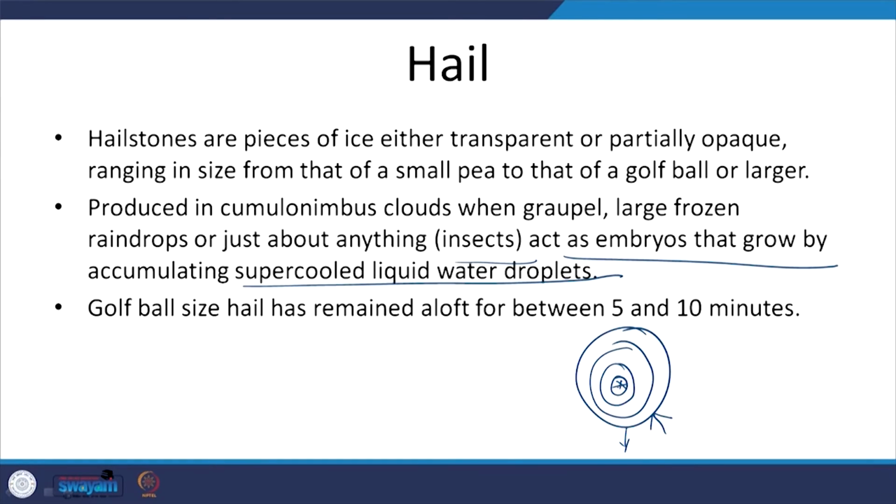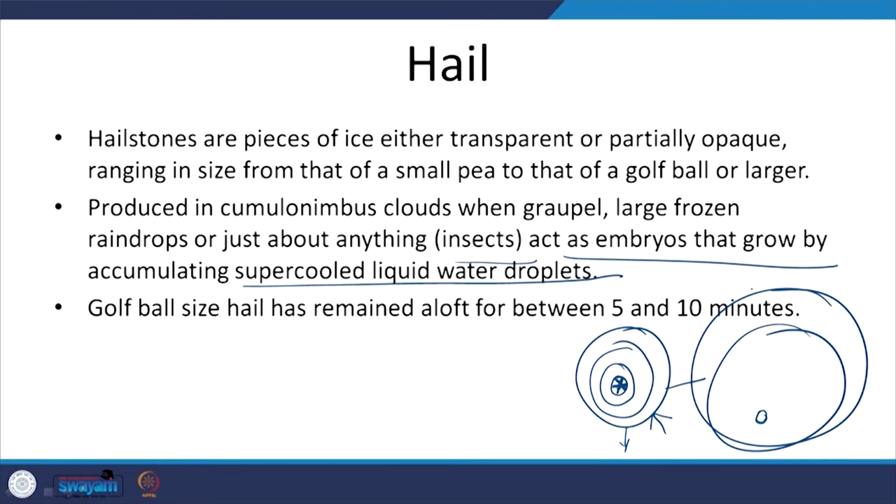As a result, this small insect or small graupel will act as an embryo for the creation of this particular object. So what do you see at the end of it? You will see a huge ice crystal, typically this can be as small as this and as large as this or even larger than this, right. This is the typical size that many reports have confirmed a hailstone can grow up to.